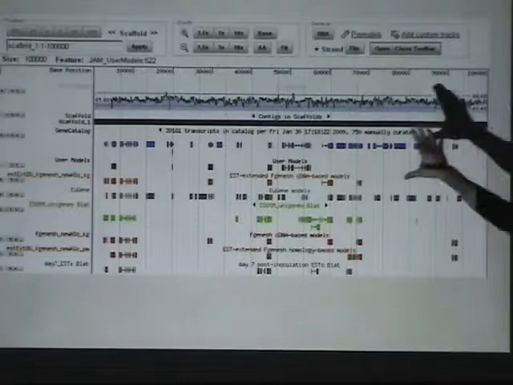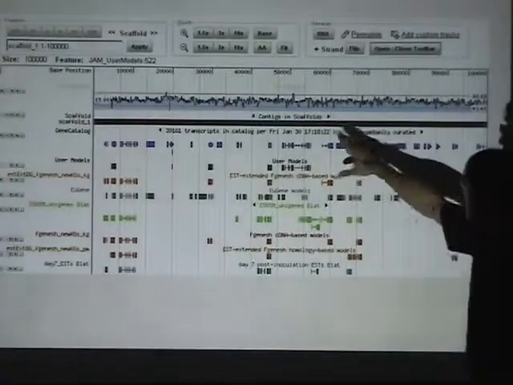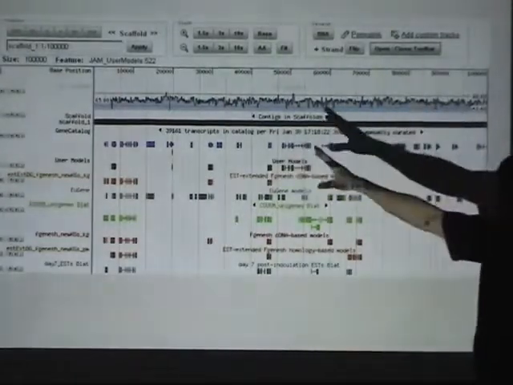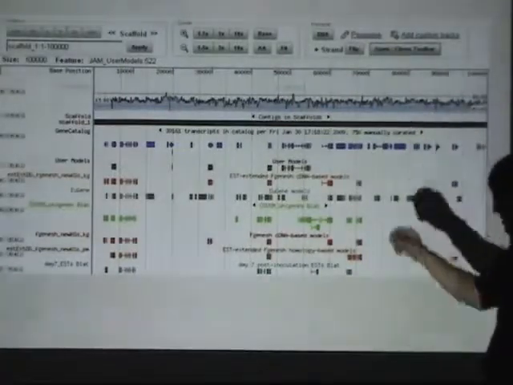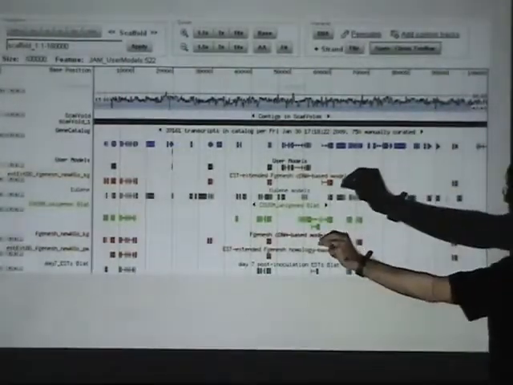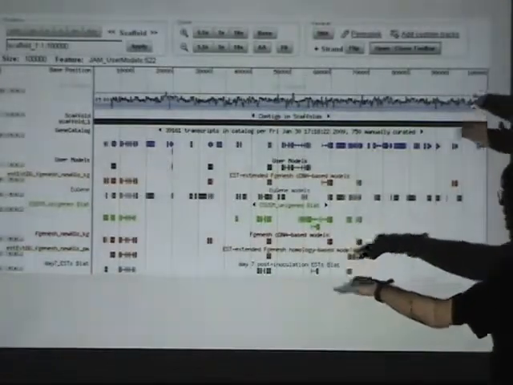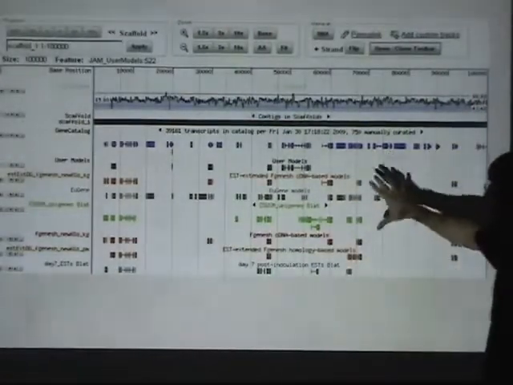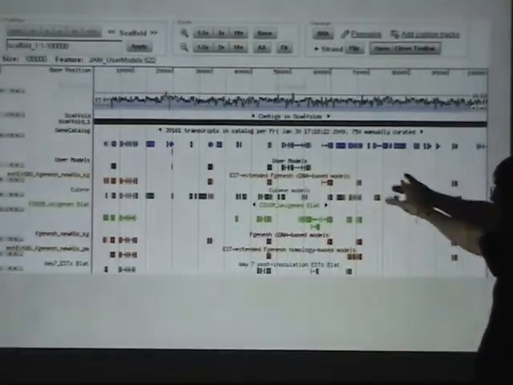But what you see in this kind of display is lots of different genes. The layout from left to right is one side of the chromosome to the other. Usually, but not always, a chromosome is depicted horizontally. And there are two strands, one on the top and one on the bottom. What this one is showing is a lot of different interpretations, readings of that sequence, to figure out where the genes are in there. It's not always clear.